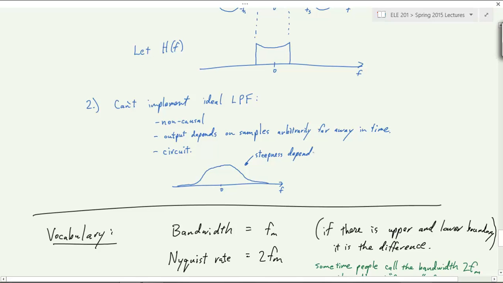Now, one thing that you can do if you have trouble building a low-pass filter that cuts off very sharply is sample at a rate that's high enough, because you'd have the same issue with the anti-aliasing filter as well.